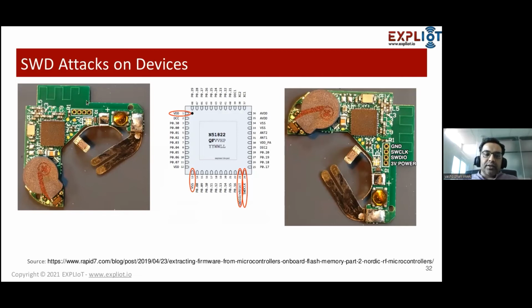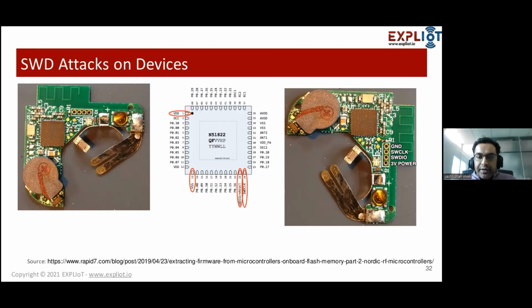As you can see, this possibly can be a BLE beacon or some kind of BLE device used in a consumer product, a battery operated, low power BLE device. In this chip we can see the SWDIO and the SWD clock pins. Once you have identified this clock, you can tamper with those things and try to extract either the firmware or access to the deeper registers of your system board.